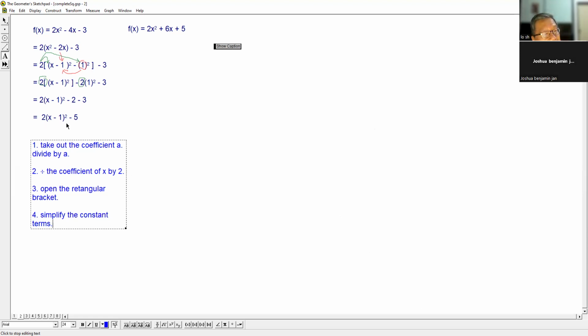So after getting this final step here, can you tell me how to draw the curve? Here, what is the axis of symmetry? Positive 1. What? Positive 1? Negative 1?